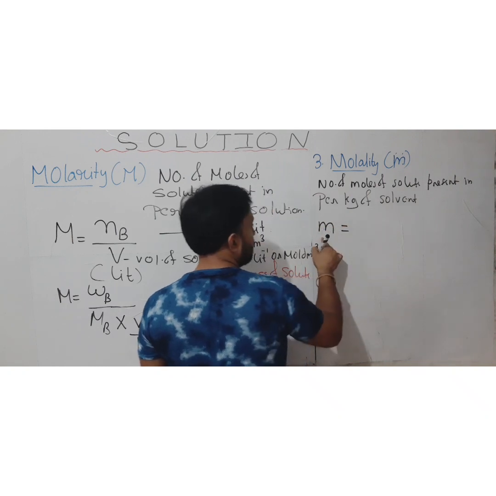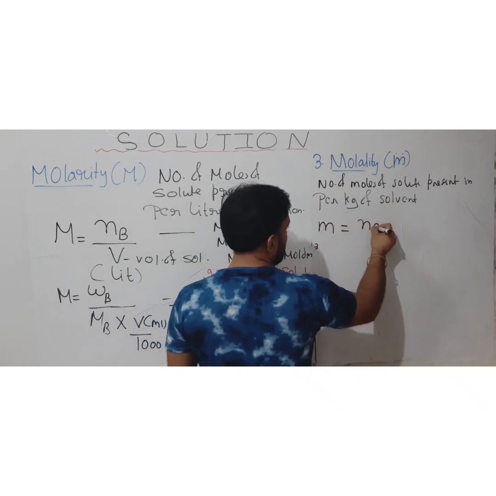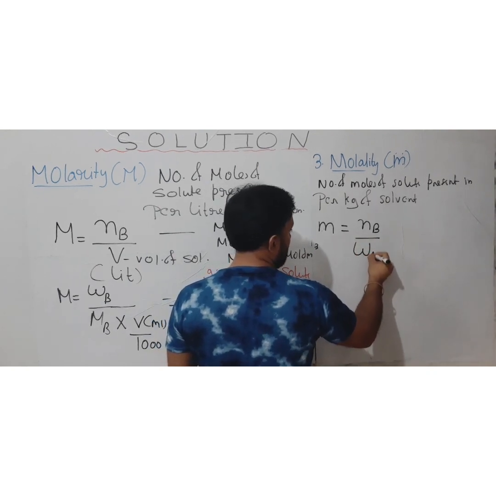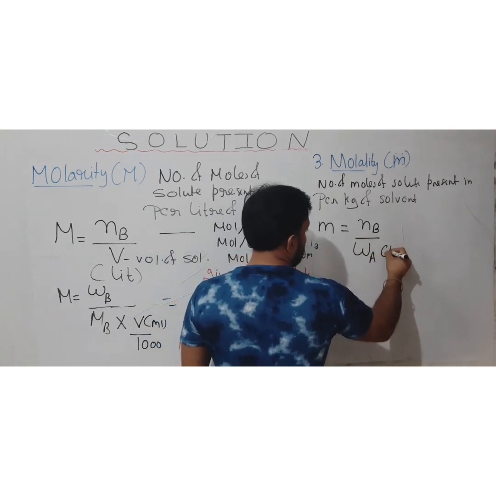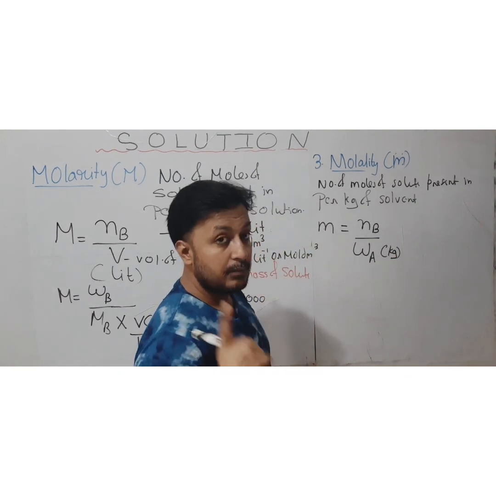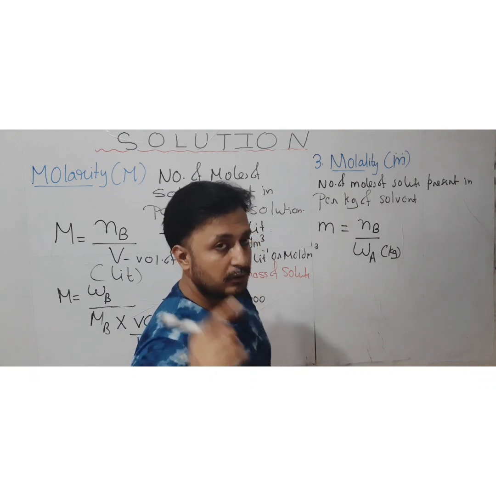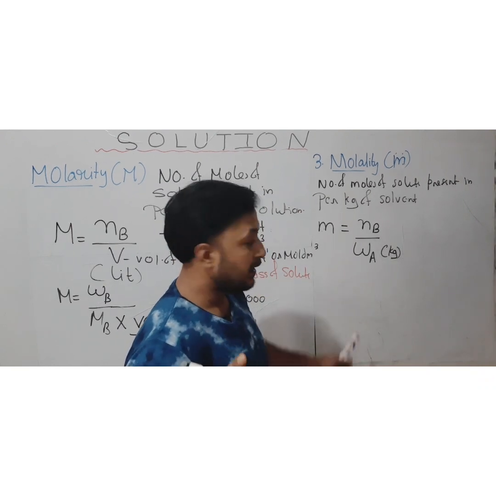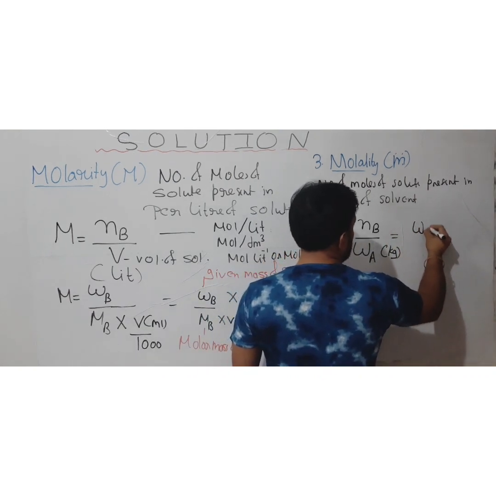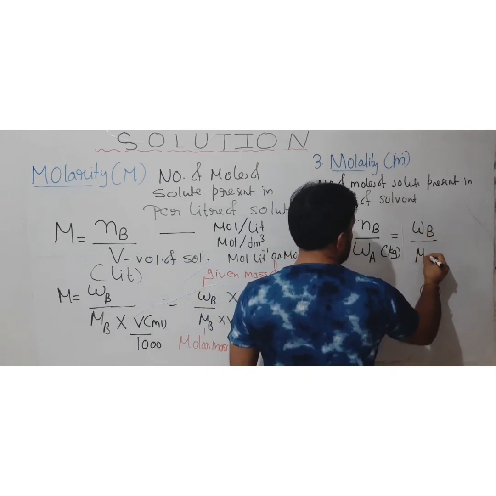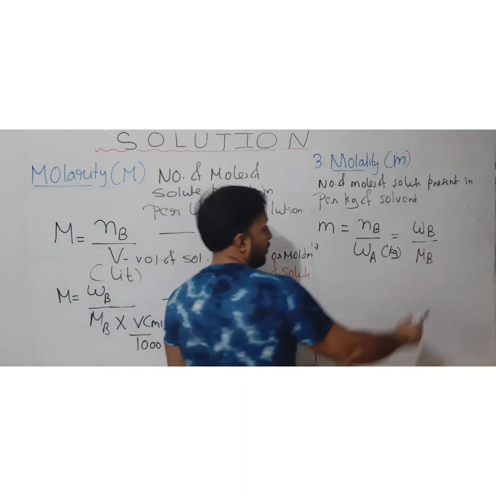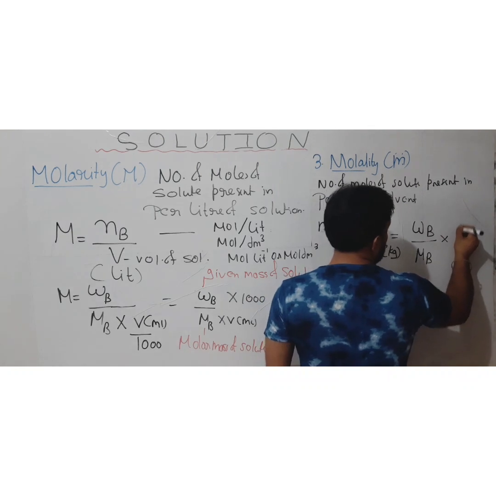It will be represented by small m, number of moles of solute, that we are going to represent as Nb, divided by Wa, which should be in kg. A for solvent. Wa means given mass of solvent. Whatever the mass of solvent is given, that too is written as A. Okay. So further, if you expand, number of moles of solute can be written as Wb upon Mb, that is its given mass divided by molar mass, as you have already seen here, multiply by 1000.